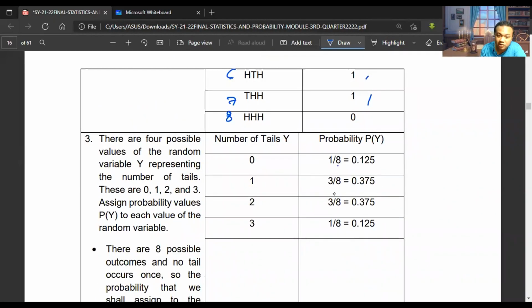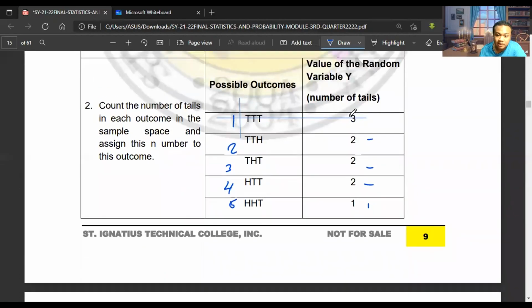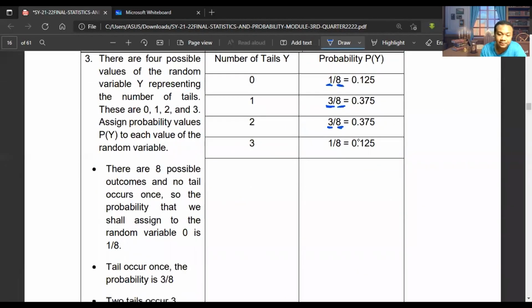So you got 8 as the total number of outcomes. Then how many times does 0 occur out of the total? Once, so 1/8. How many times does 1 occur? Three times, so 3/8. Also number 2 occurs 3 times out of 8. And 3 occurs only once, so 1/8.